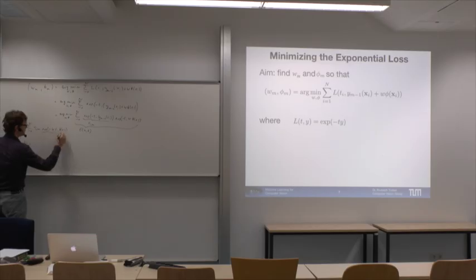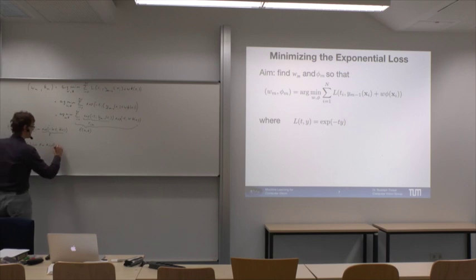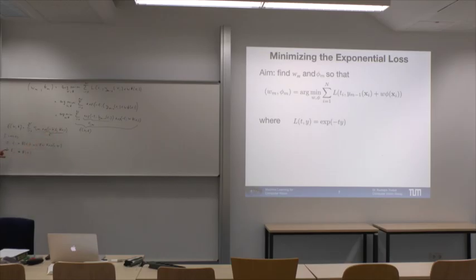If we call this thing here P, to make it a bit simpler, then in the first case, P equals the exponential of, if this is 1 and this is 1, then the product of them is also 1, so this is equal to minus W. If the signs are different, then the product of the signs is -1, and the whole thing is actually plus W. These are the two cases.